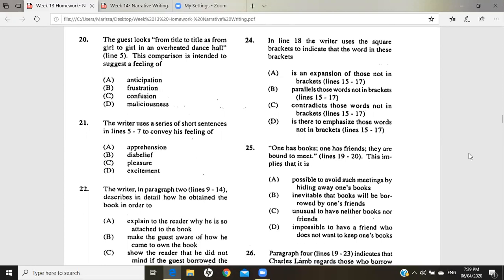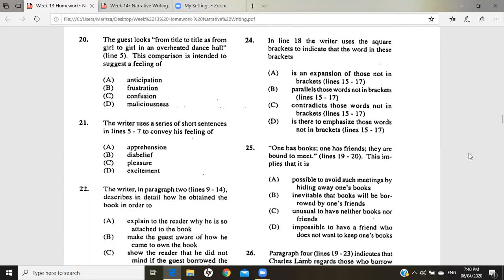Sanjay? D? Not D. B? Not B. C. A, miss. It doesn't parallel, it actually contradicts. So it shows the opposite. So the answer was C.